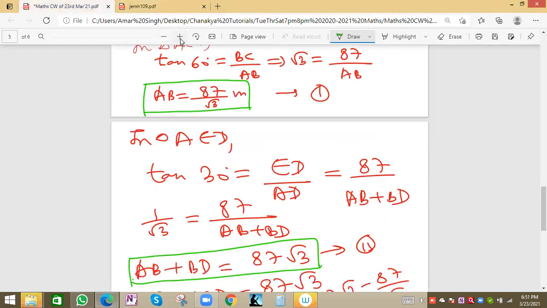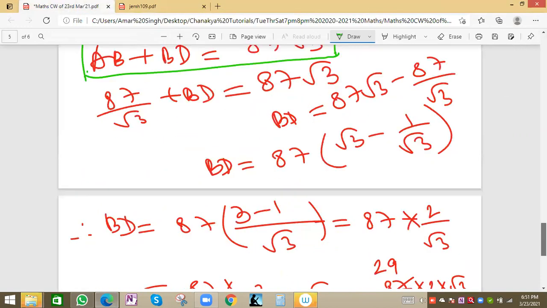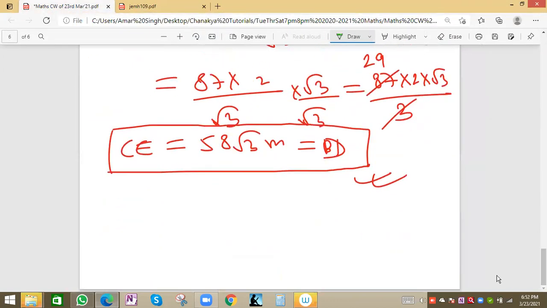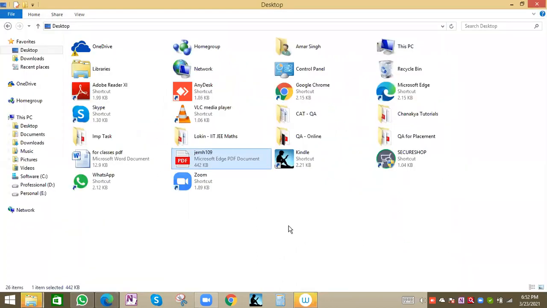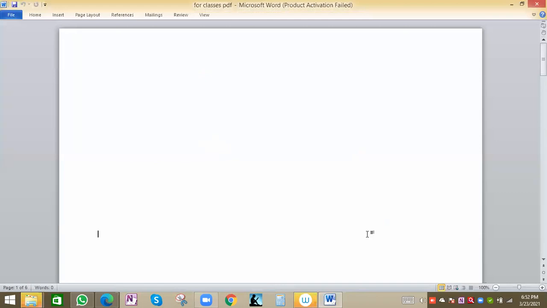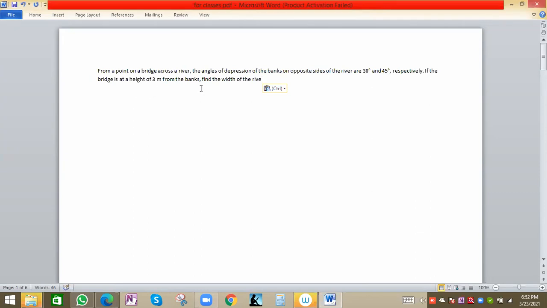Let me see if I am able to paste here or not. Example 7. One second. Yeah, find the width of the river.